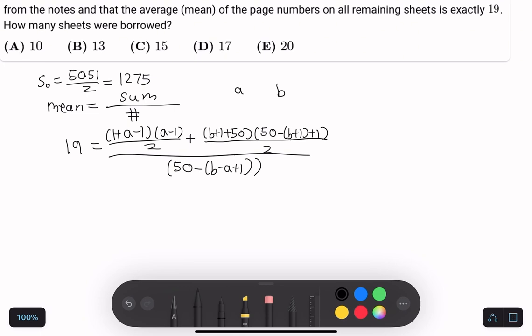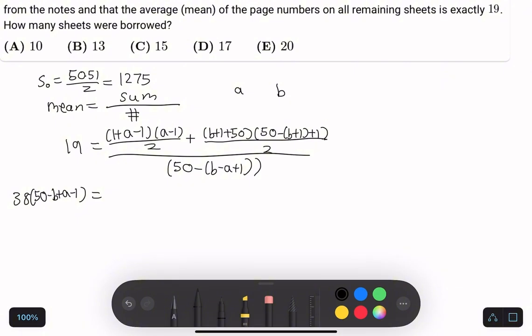Now, to get rid of the fractions, let's multiply both sides by 2 times 50 minus B minus A plus 1. On the left-hand side, we have 38 times 50 minus B plus A minus 1. On the right-hand side, we get rid of all the denominators.